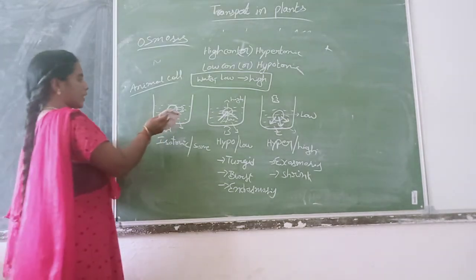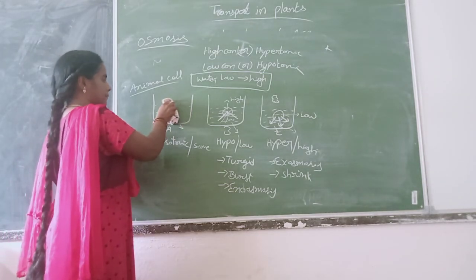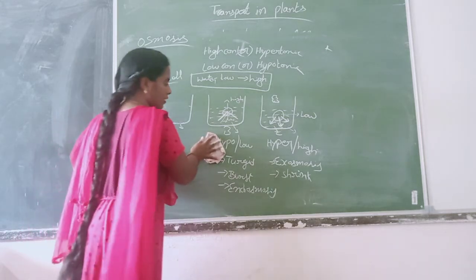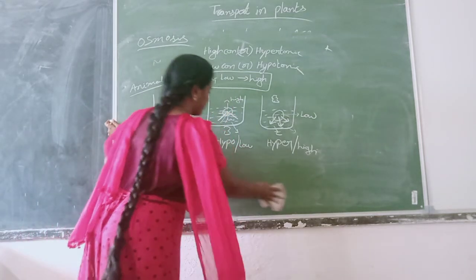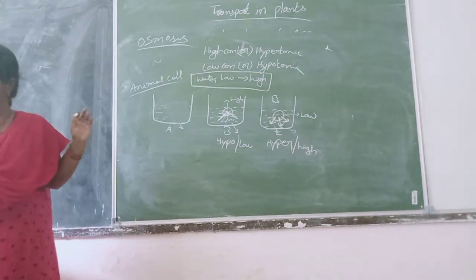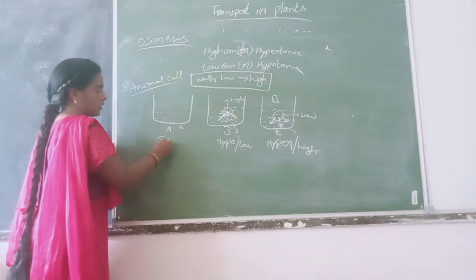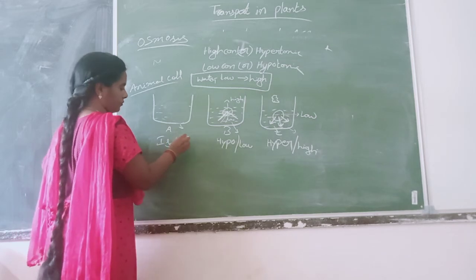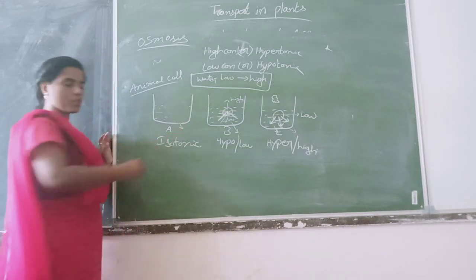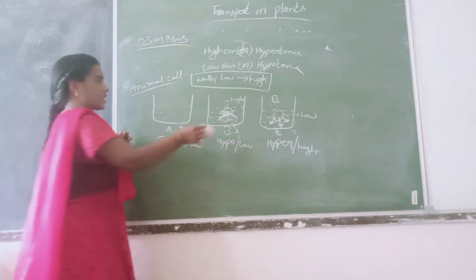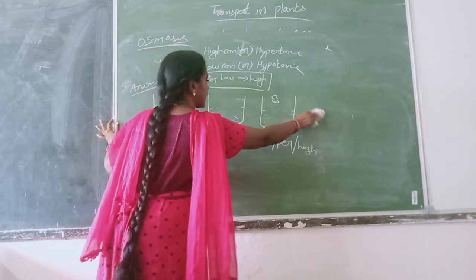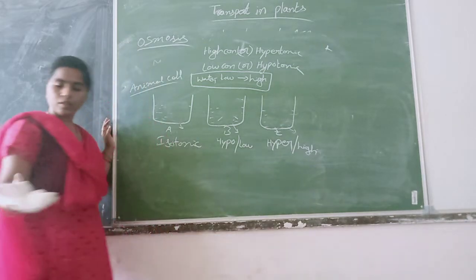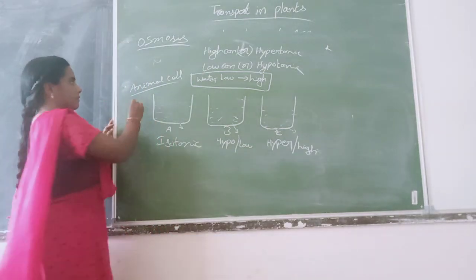Here we are going to take a plant cell. In another case, the solution concentrations will be the same. Same solutions, but here we are changing the cell which we are placing. Instead of animal cell, we are going to place a plant cell here.